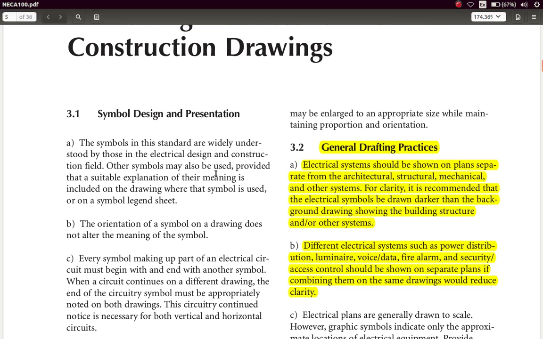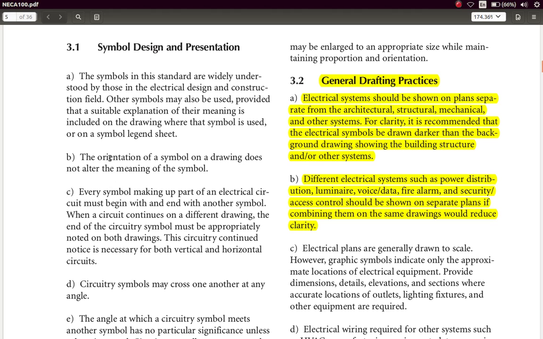Other symbols may also be used provided that a suitable explanation for their meaning is included in the drawing where the symbol is used or on a symbol legend sheet. The orientation of a symbol on a drawing does not alter the meaning of the symbol, meaning whether it's pointed left to right or right to left or up to down, down to up or at some other angle.